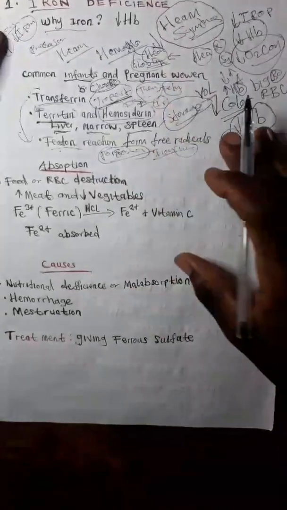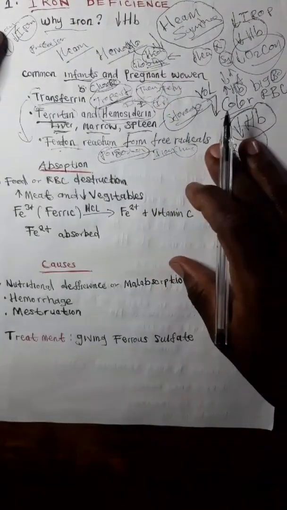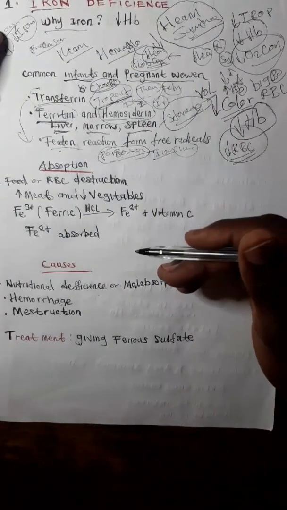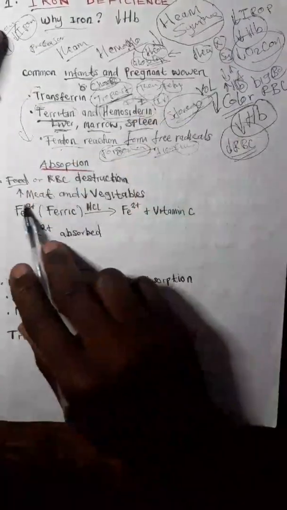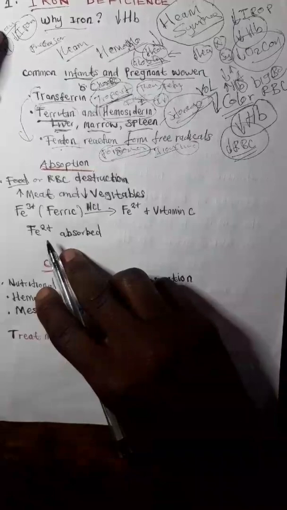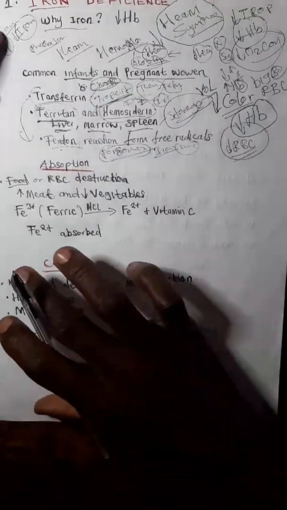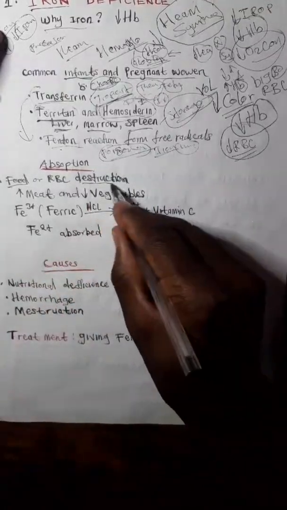Now, how is iron absorbed within the body? First, you need to know the sources of iron. It is from the food that we eat. And the other source is the destruction of red blood cells.